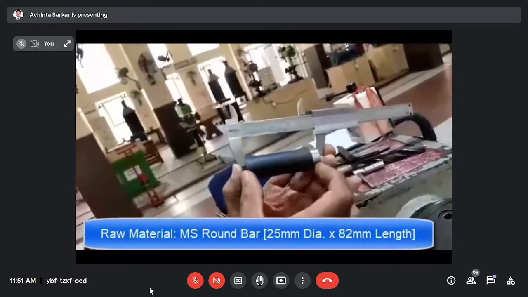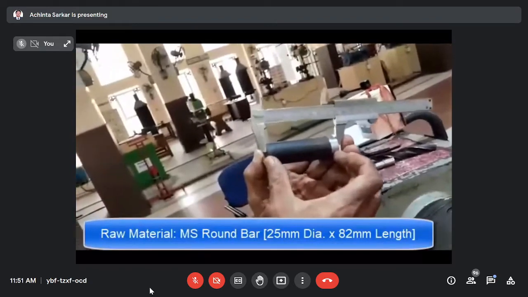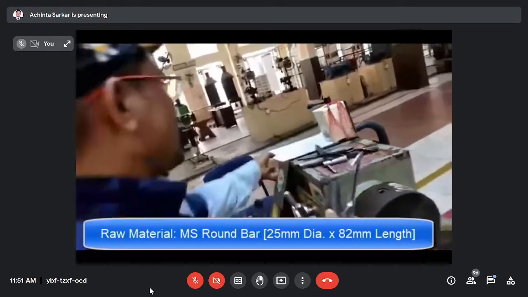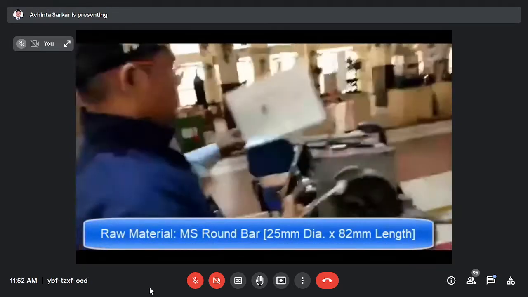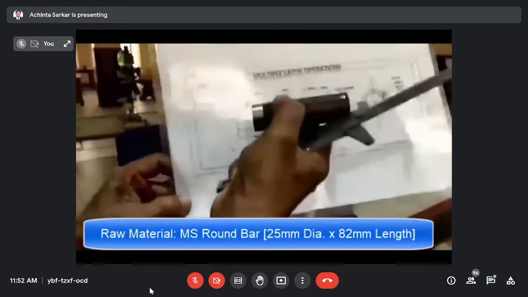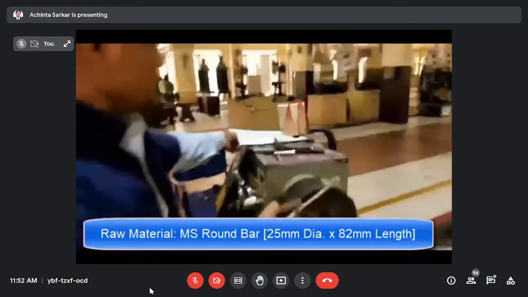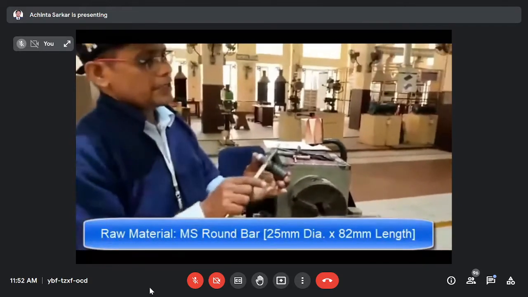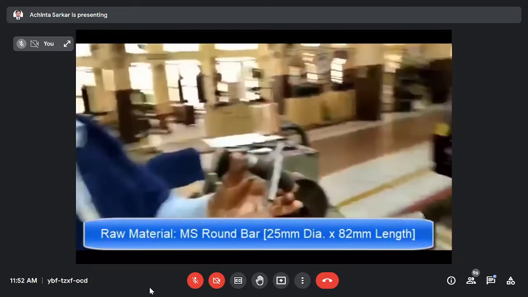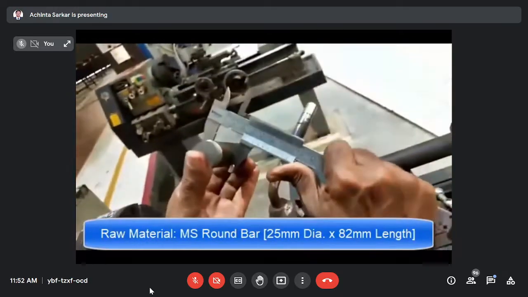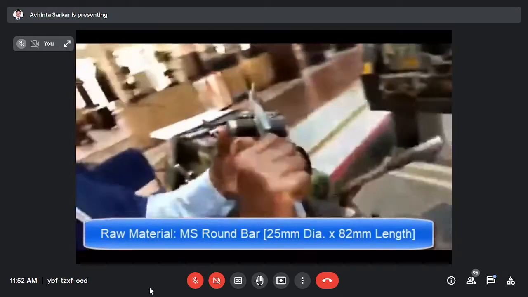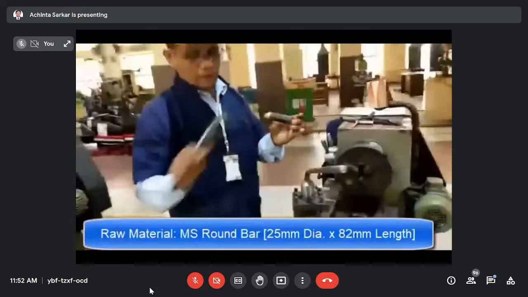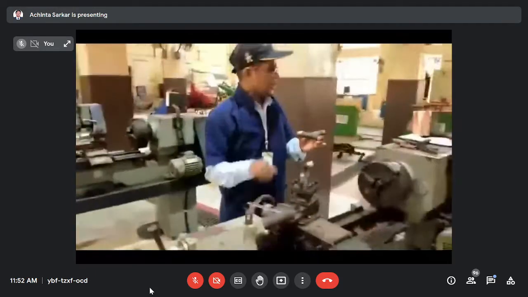That means the total length of the workpiece is 82, and the maximum diameter of the final product is 23 mm. That means you have to collect raw material with more than 23 mm diameter. Here it is given 25 mm. And now this is the exact, suitable raw material for this job.